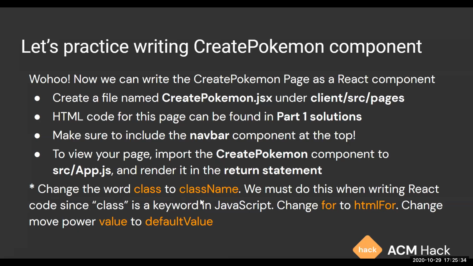And a couple of keywords, as we mentioned earlier: we can change the word class to className, for to htmlFor, and value to defaultValue. I can give you 5 to 10 minutes to work on that on Discord, and we can help you out if you have any questions.